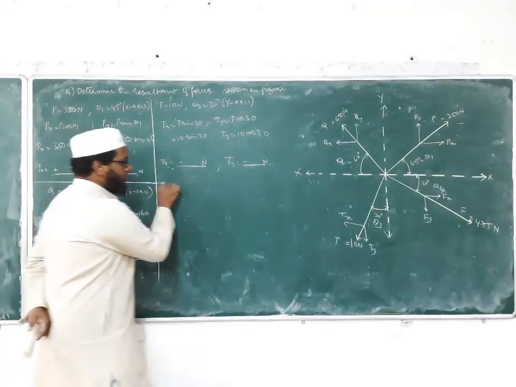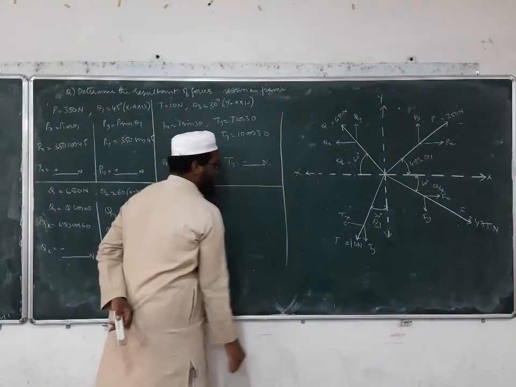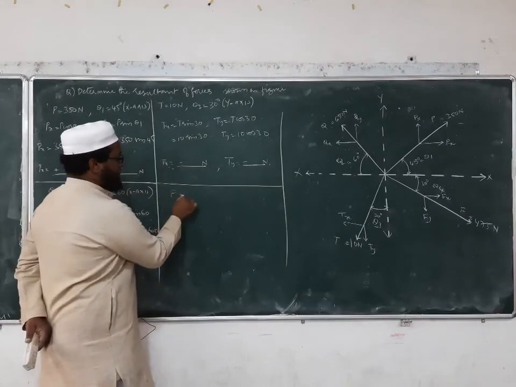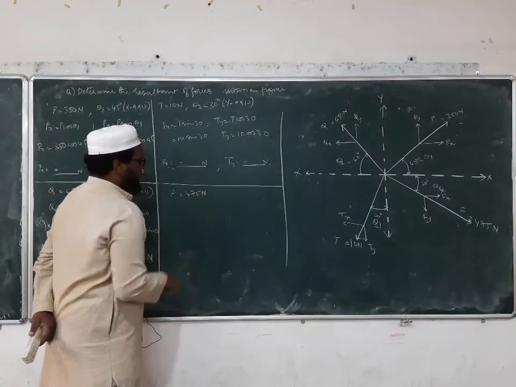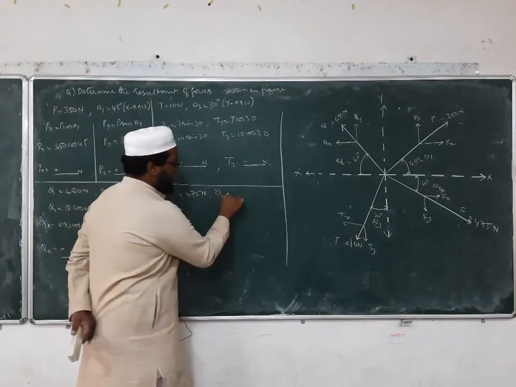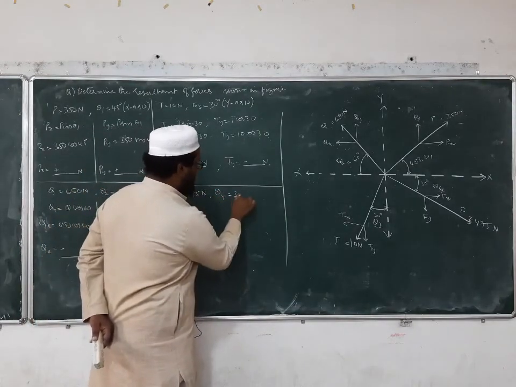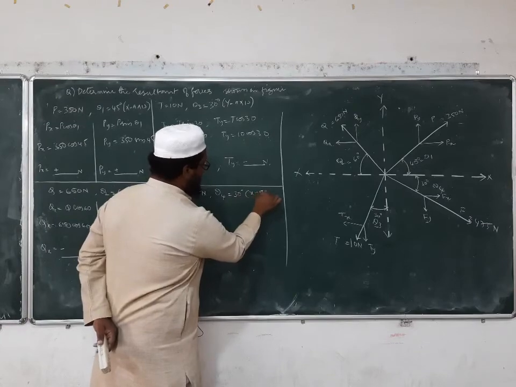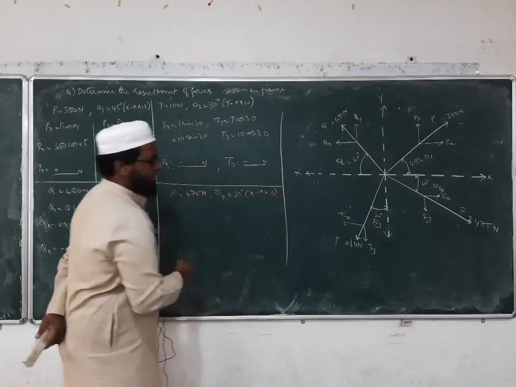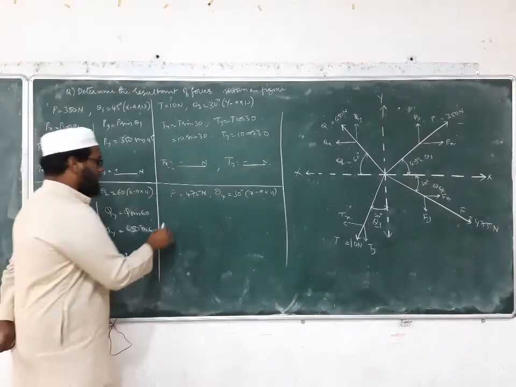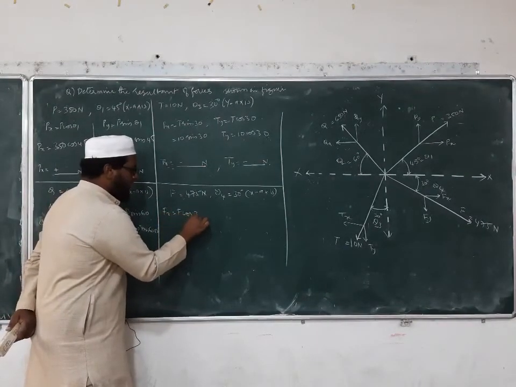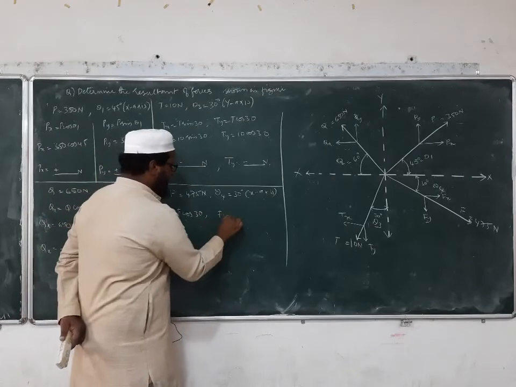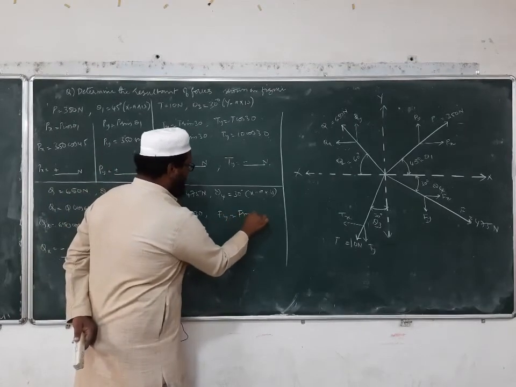Then we'll go for the next force, that is F, which is equal to how much? 475 newtons. Theta 4 is equal to how much? 30 degrees, and 30 degrees is with the x-axis. Alright, so what will happen now? Fx is equal to F cos 30 and Fy is equal to F sin 30.